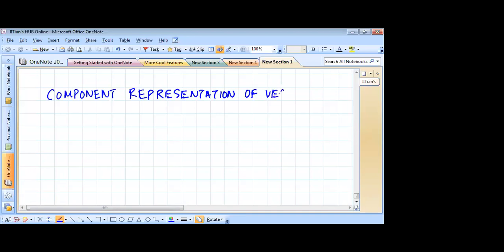In this method, instead of using geometry, where in the geometrical case we used an arrow to represent a vector, we make use of a coordinate frame, a rectangular coordinate frame.